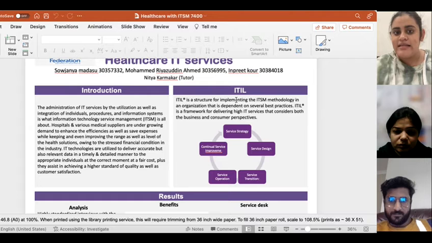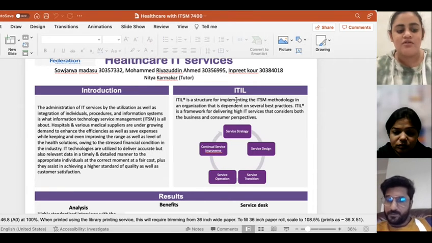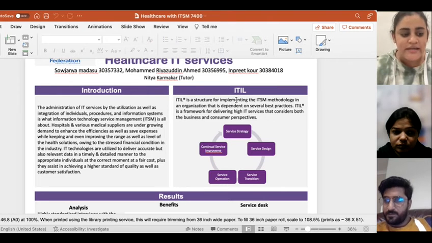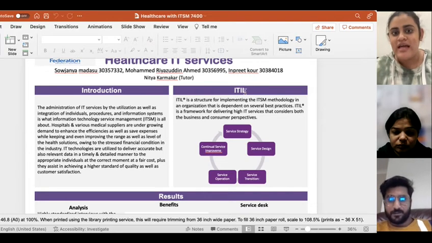Next I have ITIL, the full form of which is Information Technology Infrastructure Library. It is a set of detailed, learned practices for how service management has to work. Everything has a procedure, and IT service management also has one, which is known as ITIL.